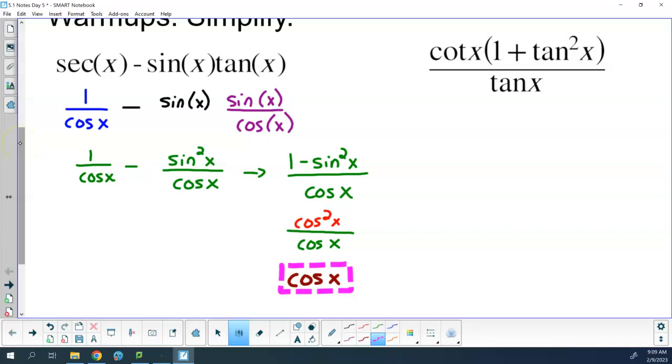In the second one, one plus tangent squared is secant squared.